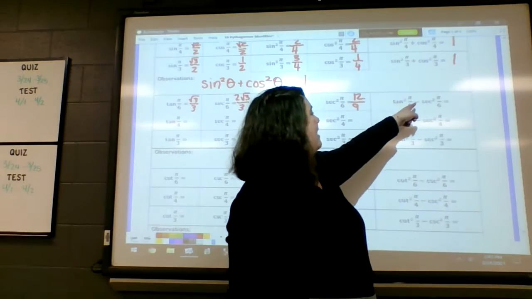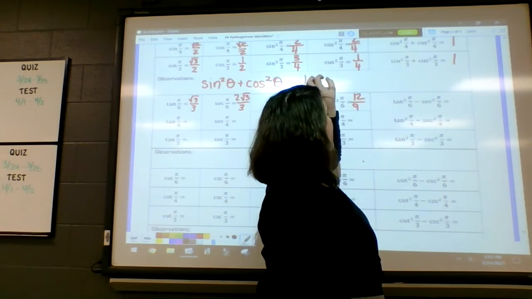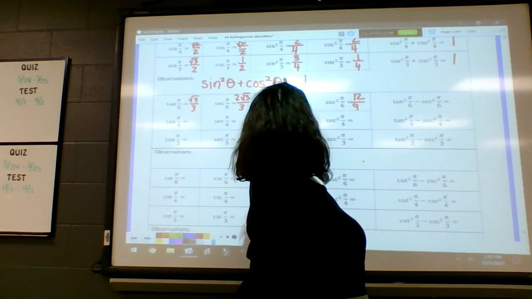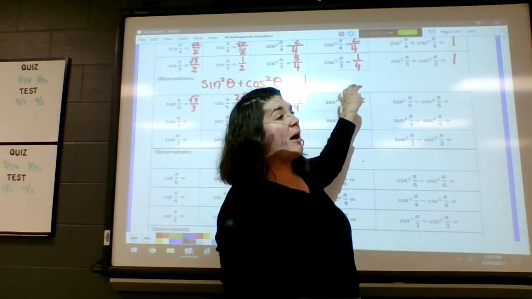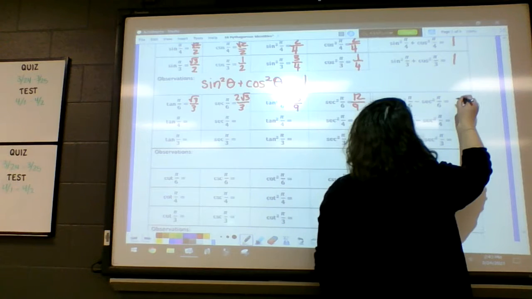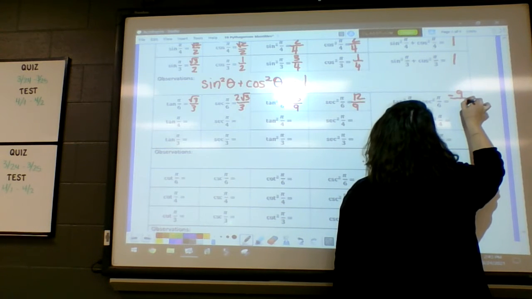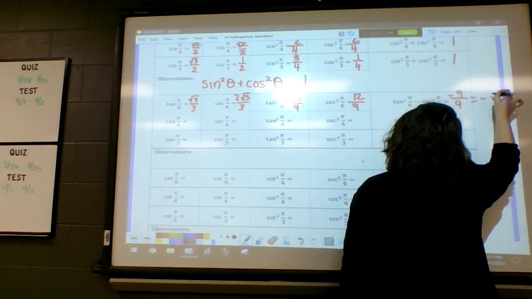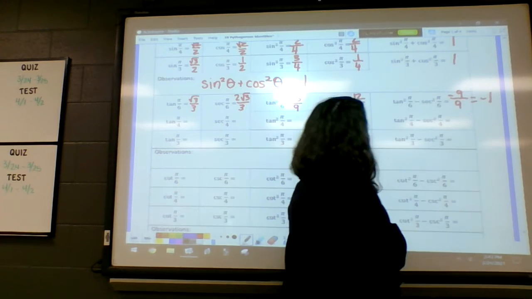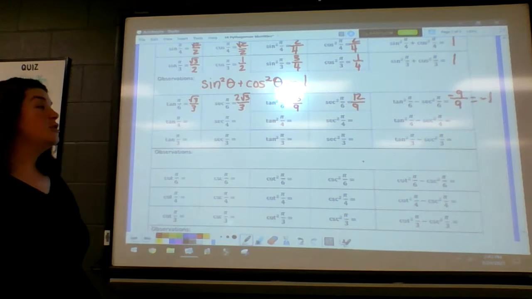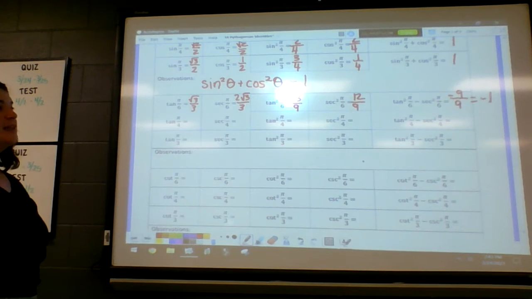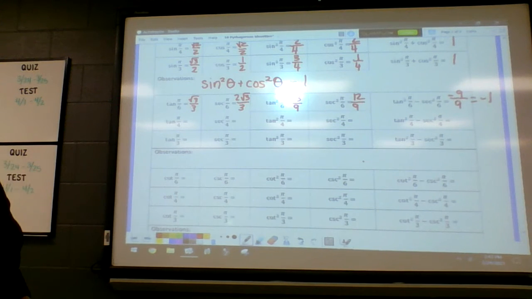Instead of adding these two, we want you to take the tangent and subtract the secant. So 3/9 minus 12 over 9 is going to be negative 9 over 9, which is equal to negative 1. So try the next one and see if you get the same result.